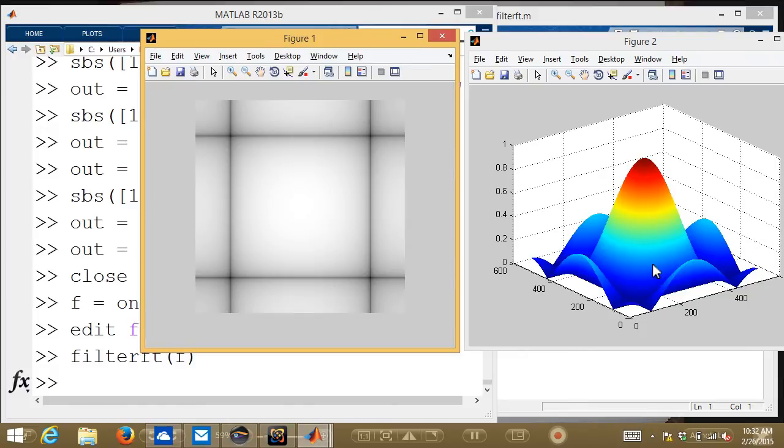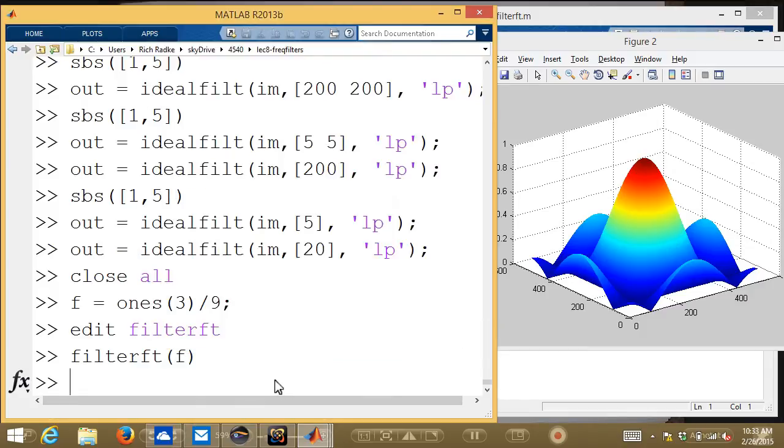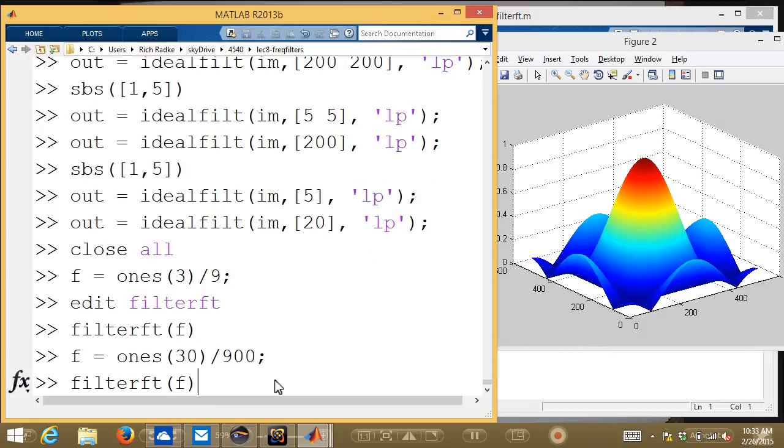This is a little bit confusing because before I was showing a color plot in the spatial domain, and this is a color plot in the frequency domain. So this Fourier transform is a nice, smooth thing.